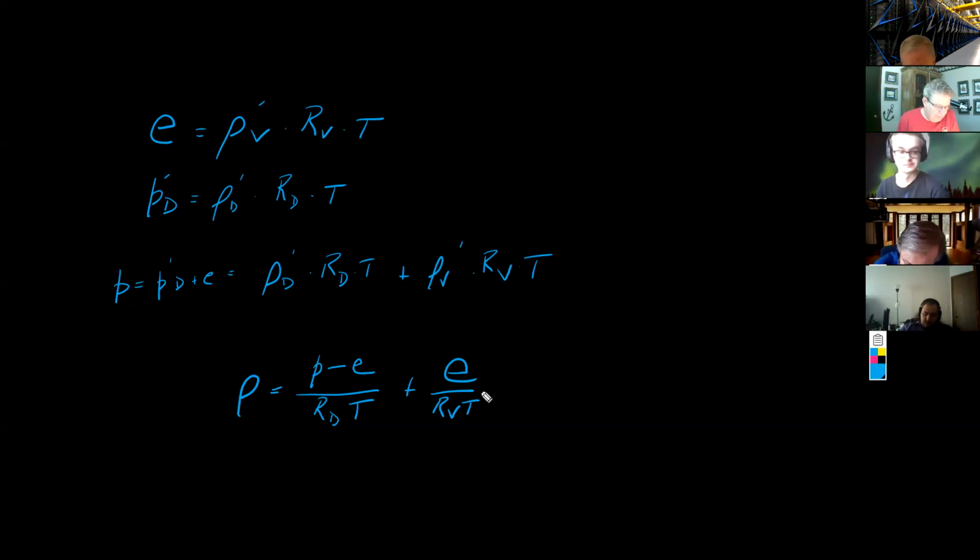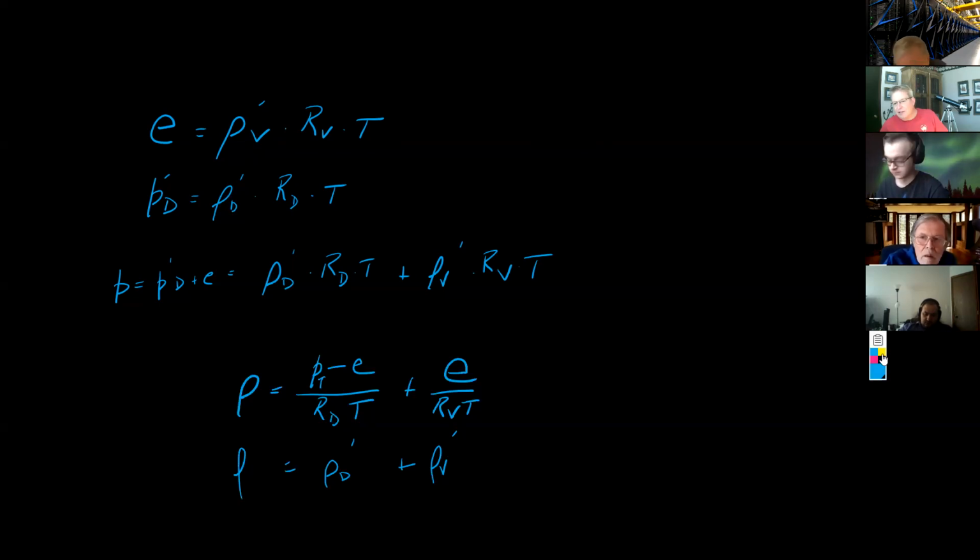Those are the partial pressures for dry air and water vapor respectively. Right, and maybe it would be easy if you said total pressure, right? Because this is nothing more than solving for this guy. So this actually equals the total density. Does that make sense?